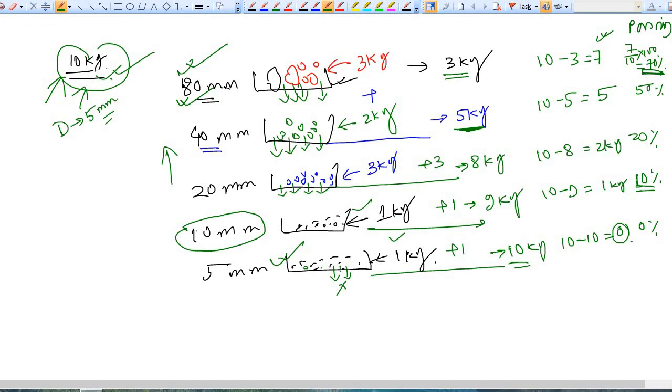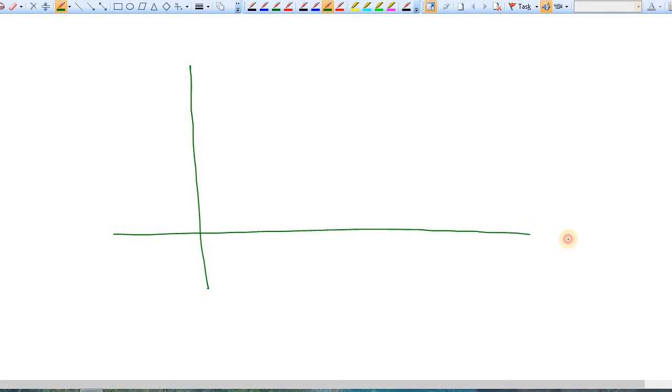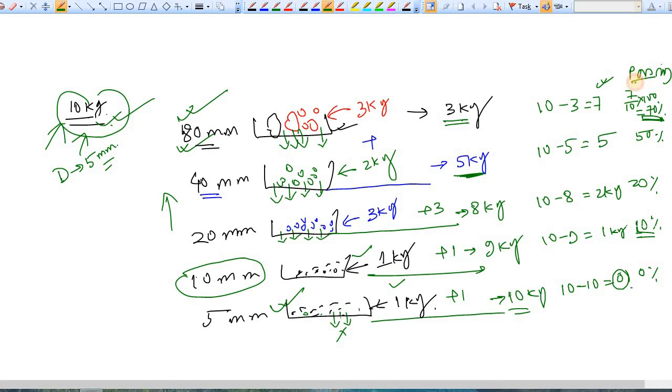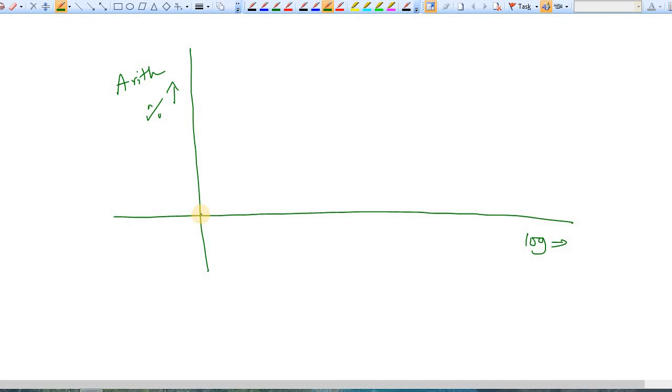Now if you plot them in a graph, let's say this is your graph, and this is in log scale, and this is plain arithmetic scale, and this represents the percentage of passing. That means this is the percentage which passed, and this indicates your size.